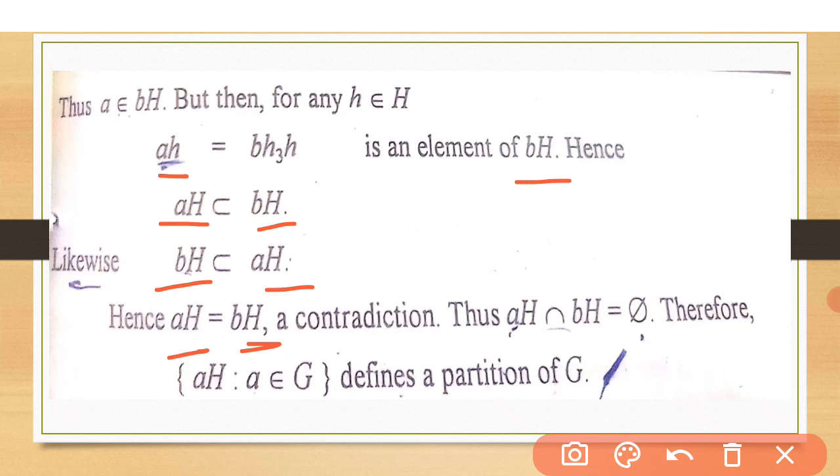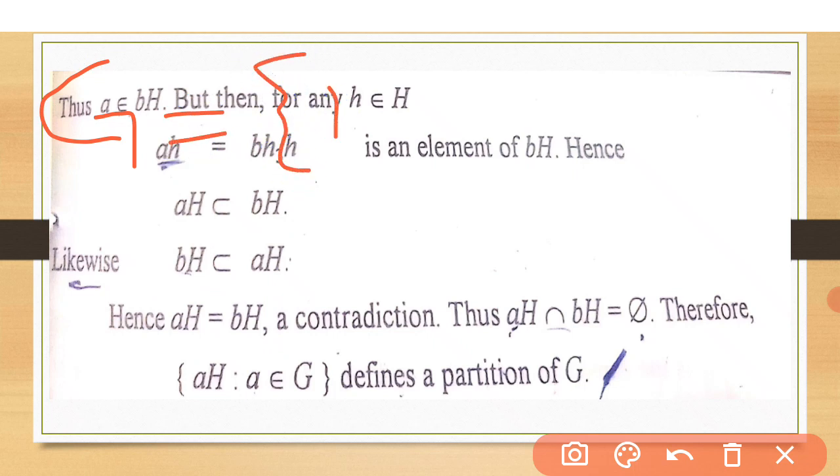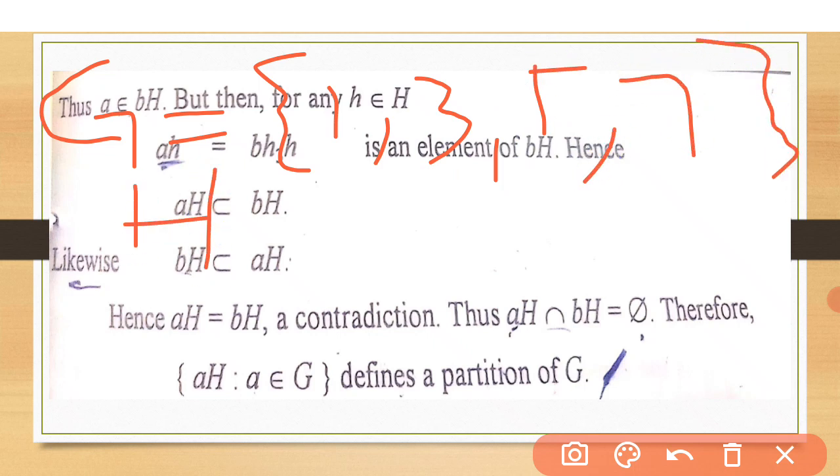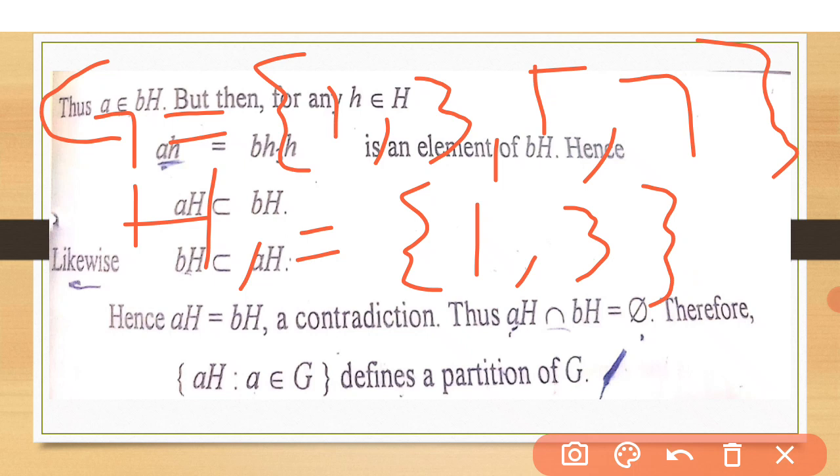As I discussed in the example, you can see easily that, I again take that example, G is 1, 3, 5, 7, and H is 1 and 3. You can see that we can get two same cosets by multiplying two elements of G. When we multiply 1 with 1, we get 1.